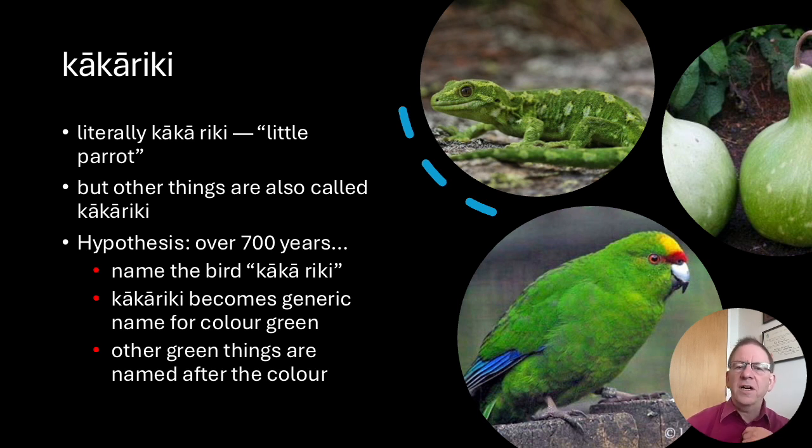So we hypothesize that over 700 years, the bird was first named kakariki. Then, as children are taught their colours over generations, the name of this bright green parrot becomes attached to the generic concept of green. And then other green things, the lizard and the melon, are named after the colour, not the bird.